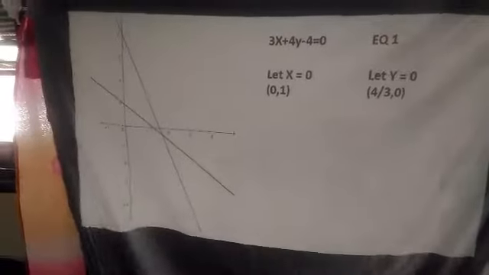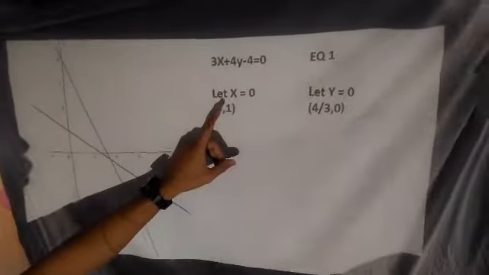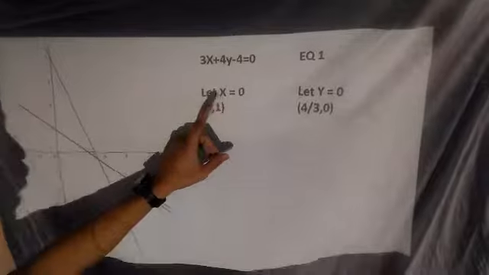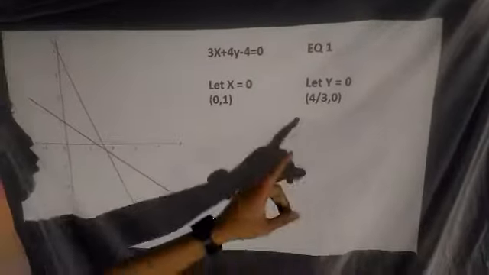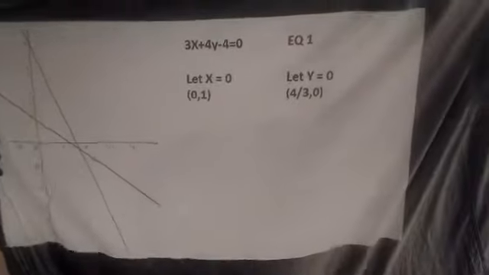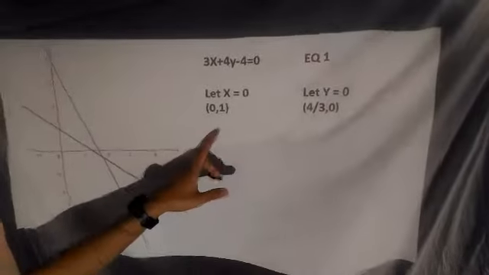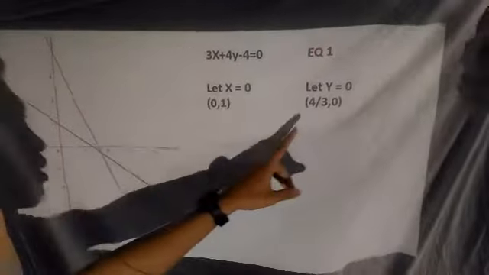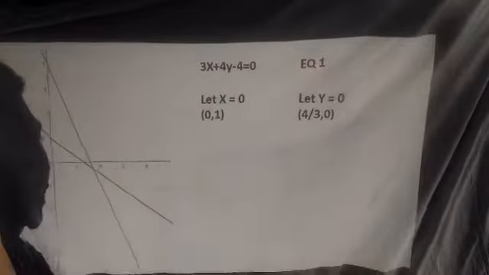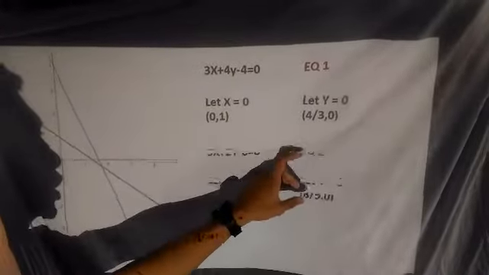Now as for graphing, we have 3x plus 4y minus 4 equals 0, equation 1. So let x be 0, so you get your y, it will be 1, and let y equals 0, and your x will be 4 over 3.